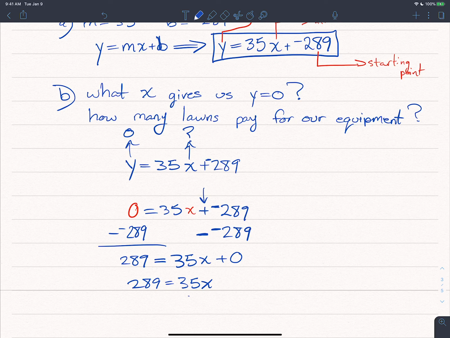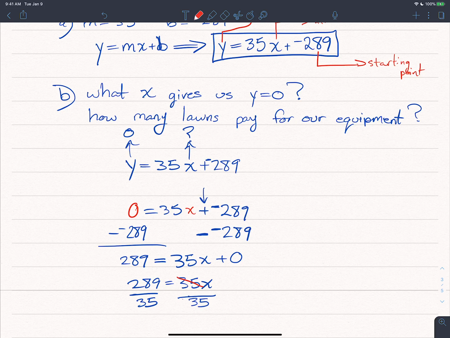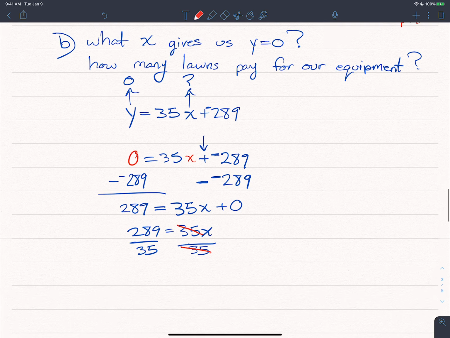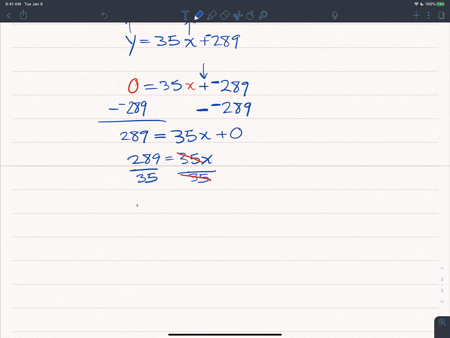Now we need to undo this multiplication on the x, right? So we have 35 times x. To undo that, we divide. So we do divided by 35, divided by 35. On this side, the 35 over 35 cancels out, and we're just left with x. And we get 289 over 35 equals x.